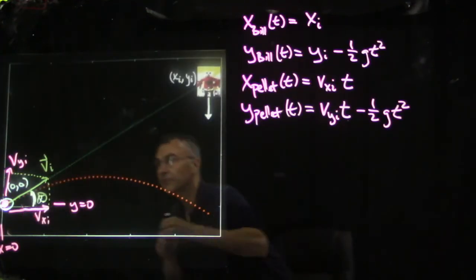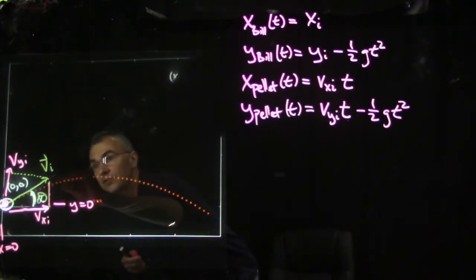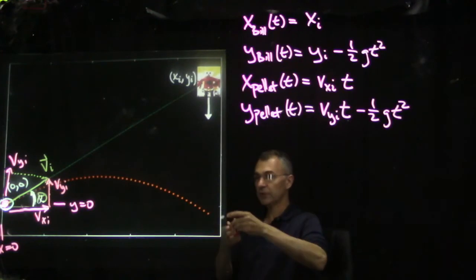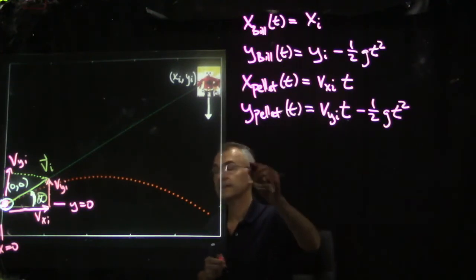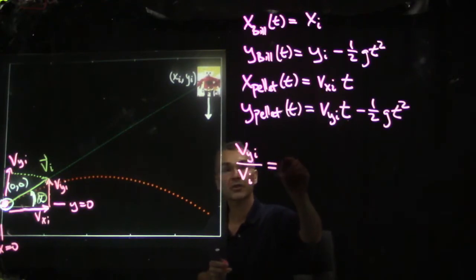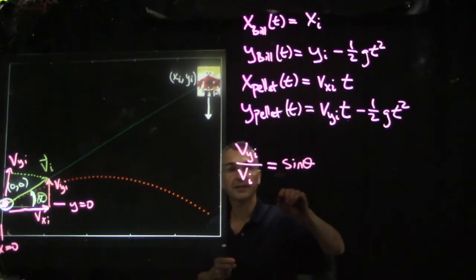So we notice that this is also Vy initial. So we can say that Vy initial divided by V initial is opposite over hypotenuse, so that is sine of theta.